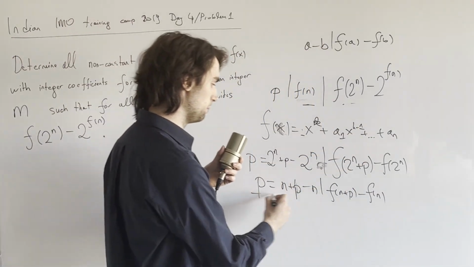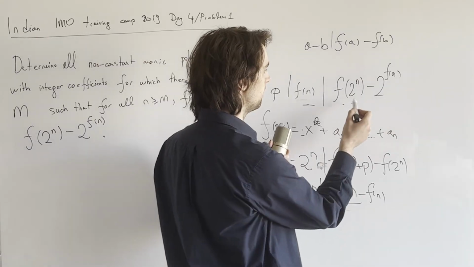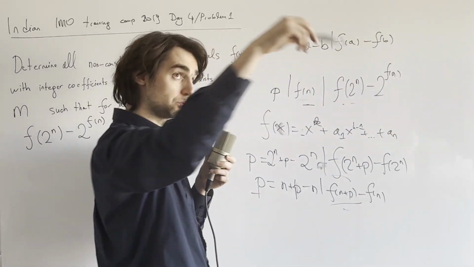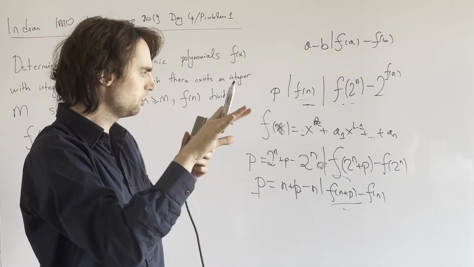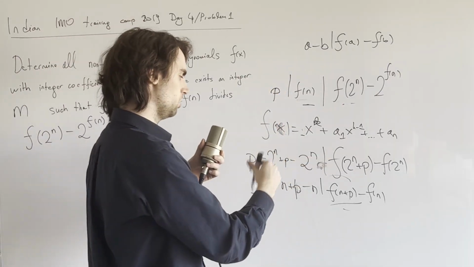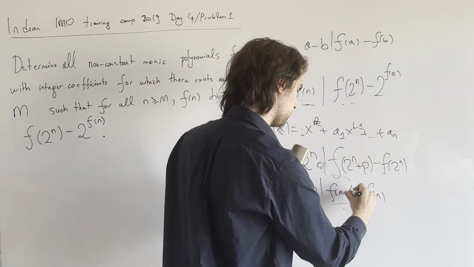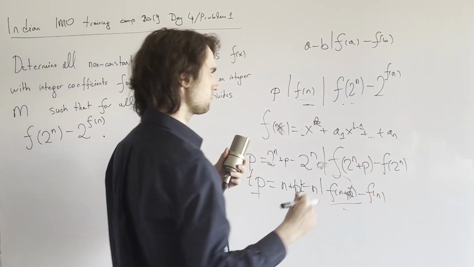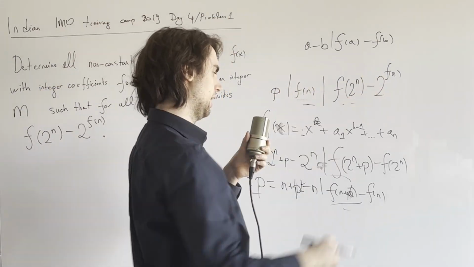Then I'll get that p divides f of n plus p, and then maybe this divides f of 2 to the n plus p. Maybe there's something I can work with there, and actually that's a good thing to look at. But also we can generalize this as p times t, and see a more general way of looking at what's happening.